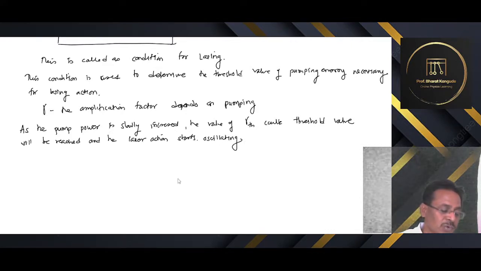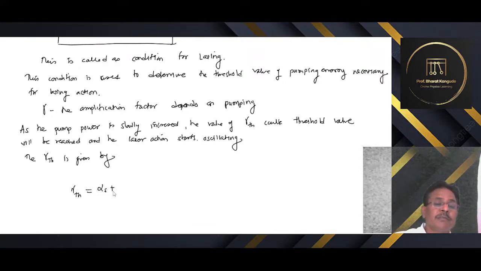Unless this is reached, there won't be any action. And therefore, gamma threshold is given by the same expression: gamma threshold is equal to alpha s plus 1 upon 2L into log of 1 upon R1 into R2.